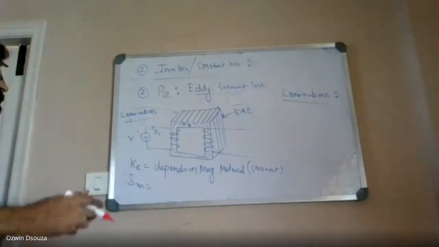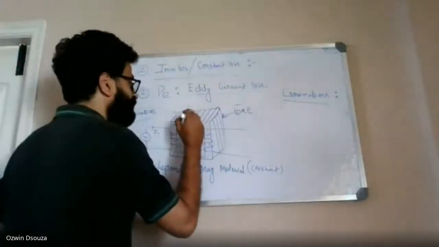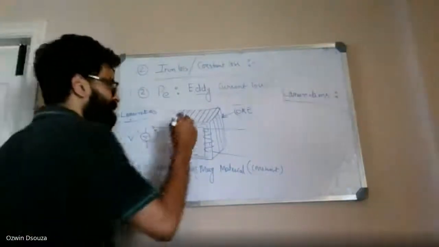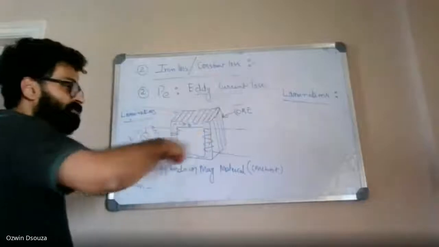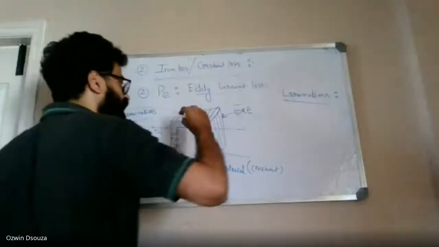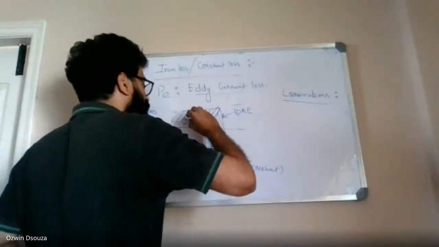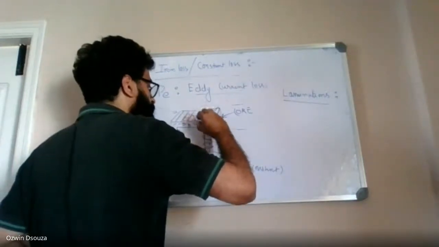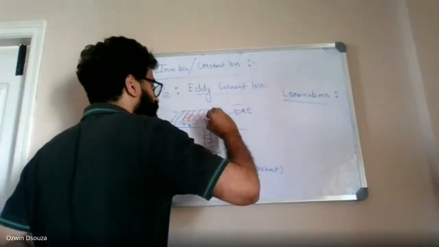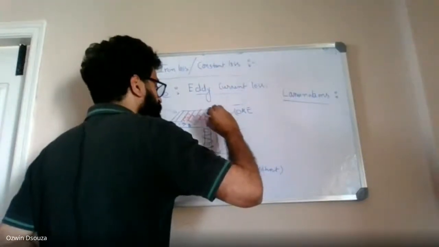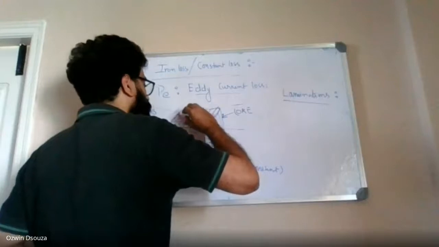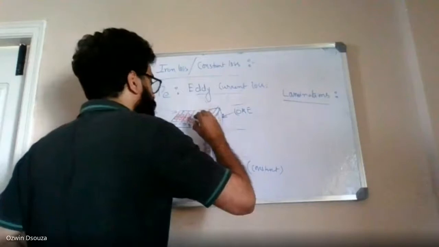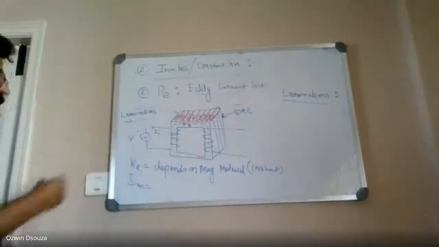By going for laminations, basically you can reduce the path of eddy currents. Earlier, eddy current used to get a bigger path. Now you are limiting the eddy current path to only this section. So these are all now the new eddy current paths. So basically what you are doing here is breaking the eddy current paths.